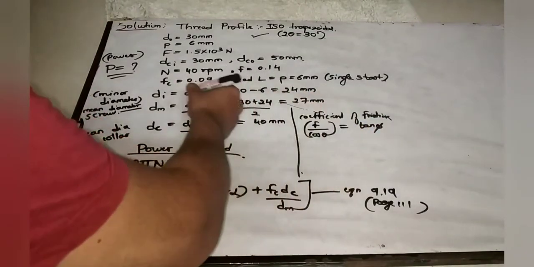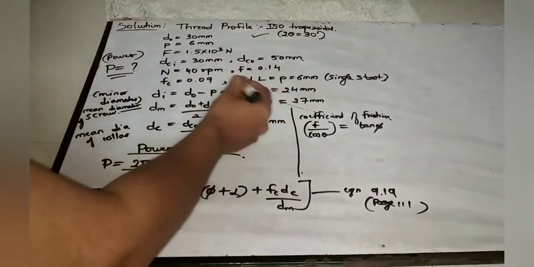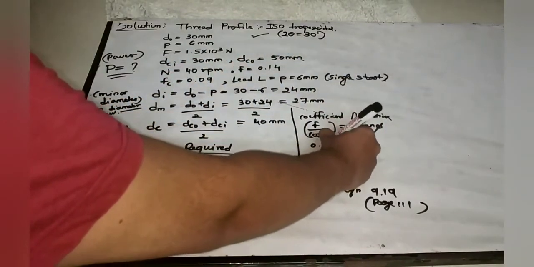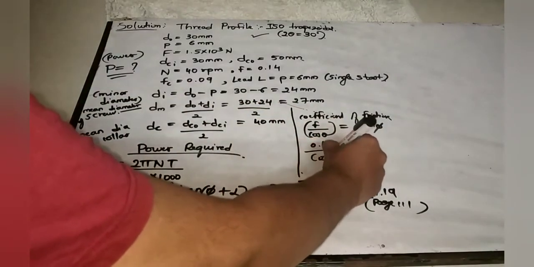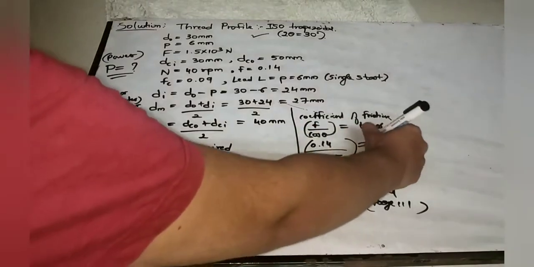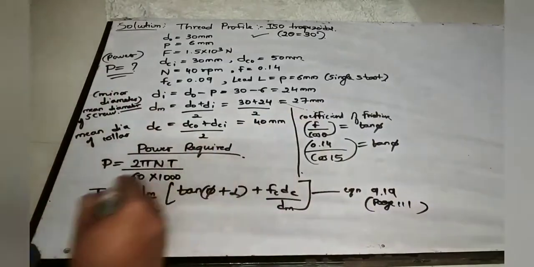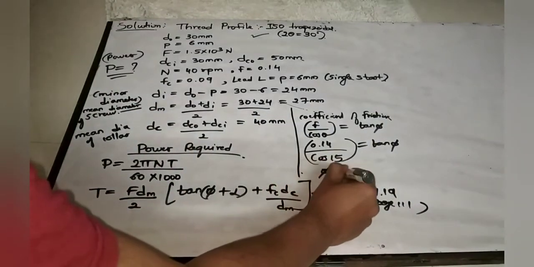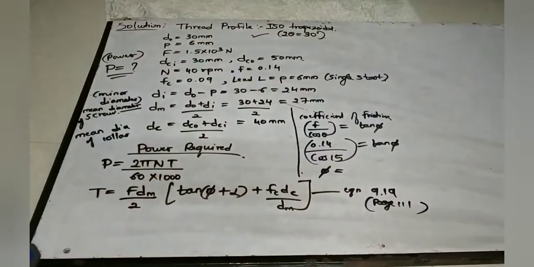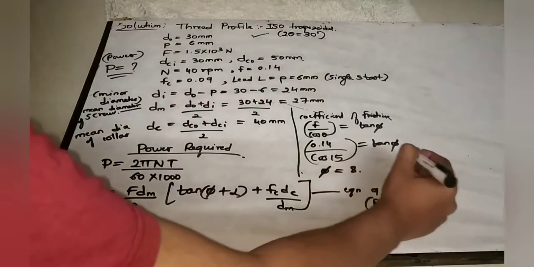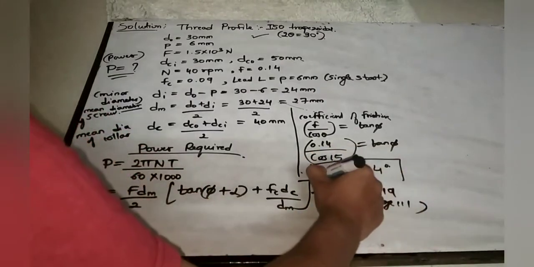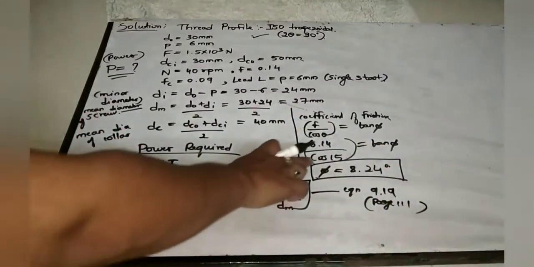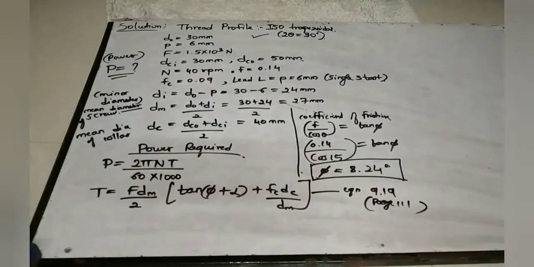So f is given as small f 0.14 divided by cos 15 is equal to tan of phi. Correct? Therefore phi is equal to tan inverse of this part. So calculate that, tan inverse of that. So you will be getting 8.24 degrees. You can check in your calculators. So what is this? This is phi, that is friction angle.